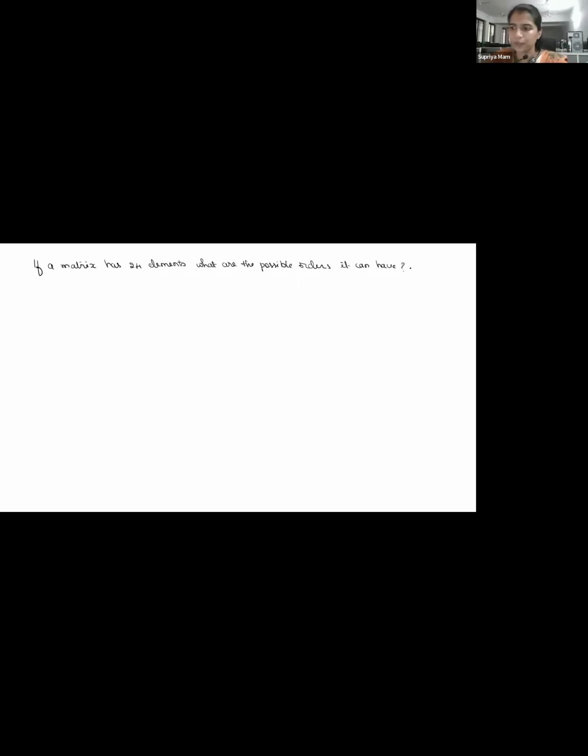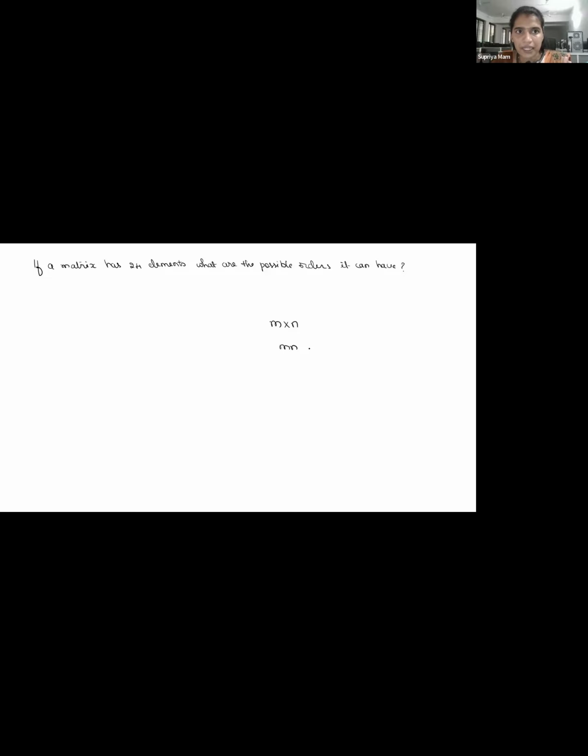Read the question carefully. We know already the meaning of the word order of the matrix. If a matrix has m rows and n columns, then order of the matrix is m by n. When a matrix is of order m by n, number of elements is m into n. Just use this concept in order to answer.